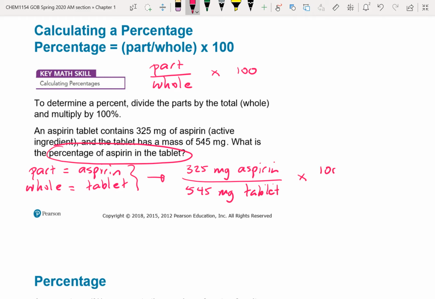And then we times it by 100. And what do we get? All of you have your calculators out, so you can do this. 325 divided by 545 equals, and then you times it by 100. 59.6%.